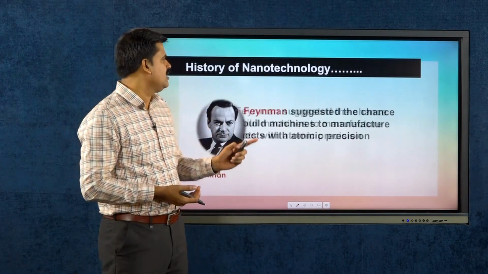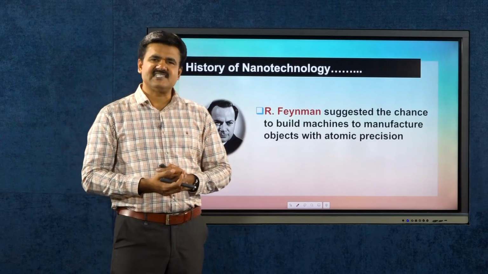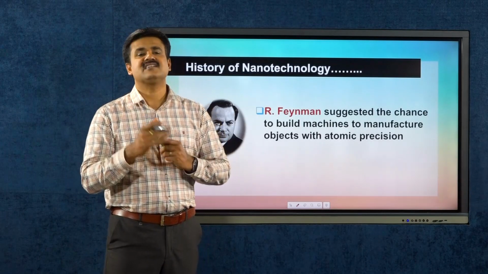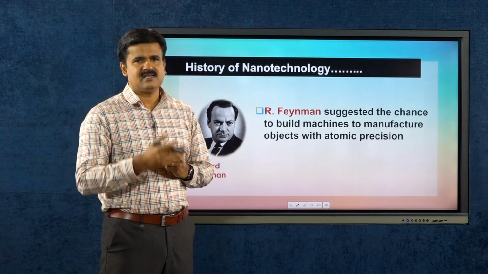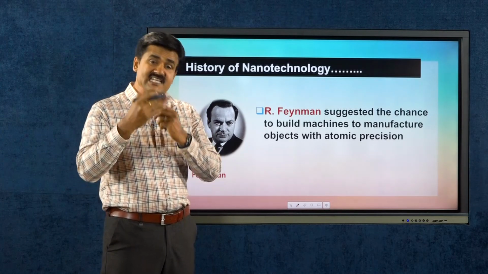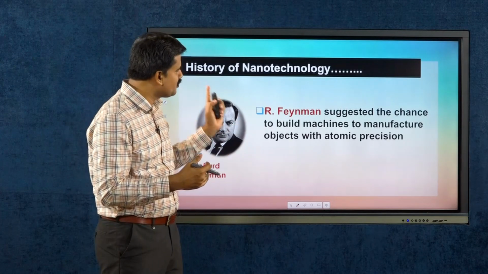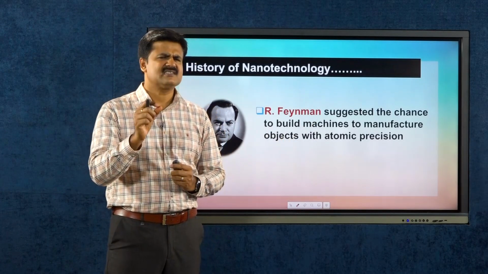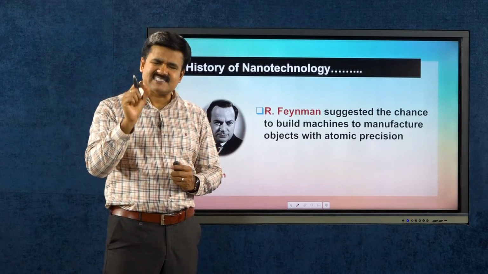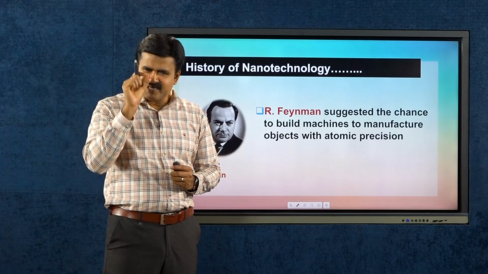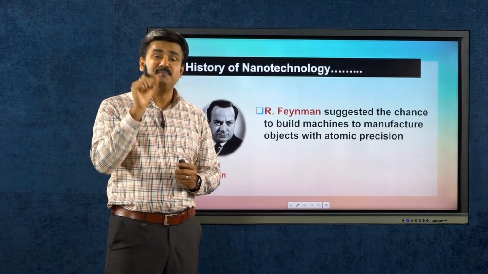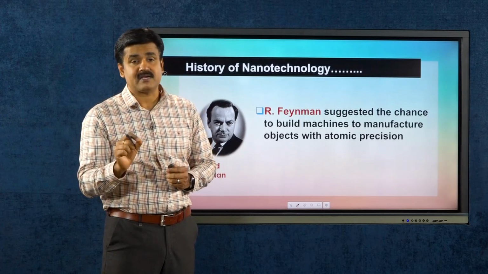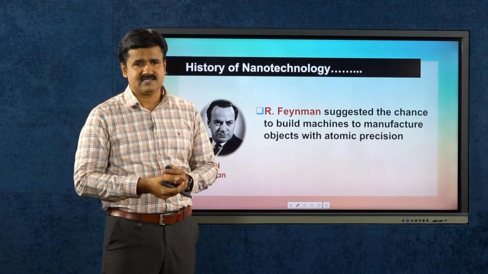Richard Feynman suggested that there is a chance to build machines. For what purpose? These machines can be used to manufacture objects with atomic precision. That is, Feynman suggested machines that can be used to prepare very small particles.